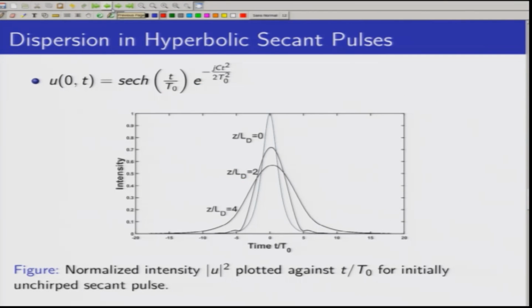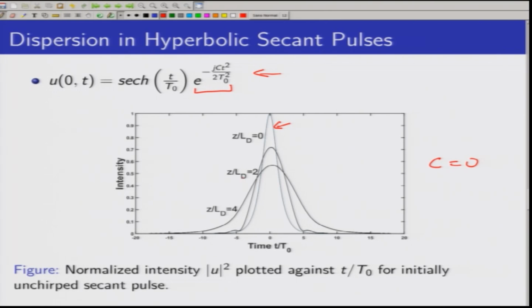Now, we will come to more complex pulses. For example, the hyperbolic secant pulses, whose equation is given by u0 t equal to sech of t over t naught, where t naught is the pulse width, and then there is this chirp factor. We plotted it for initially unchirped, again c equal to 0, and this is the initially incident pulse. As we move along 2 dispersion lengths and 4 dispersion lengths, there is a lot of dispersion induced broadening.